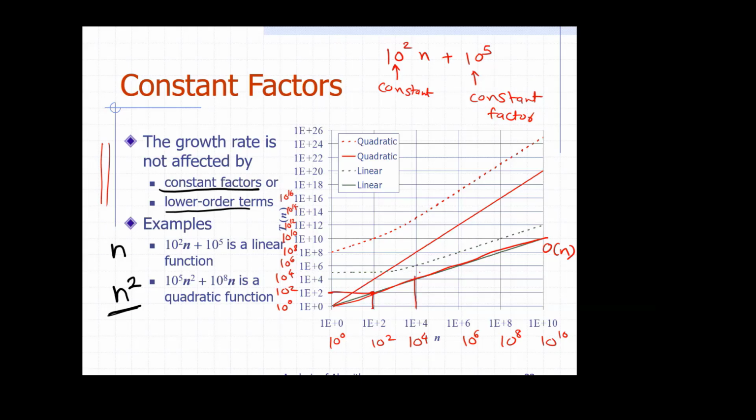At 10 raised to 4 in terms of input size, you have 10 raised to 4 in terms of time. At 10 raised to 6, you require the same amount of time, 10 raised to 6. If my input size is 10 raised to 8, I require time also in terms of 10 raised to 8. If my input size is 10 raised to 10, my time also is in terms of 10 raised to 10. So this is a standard linear function.